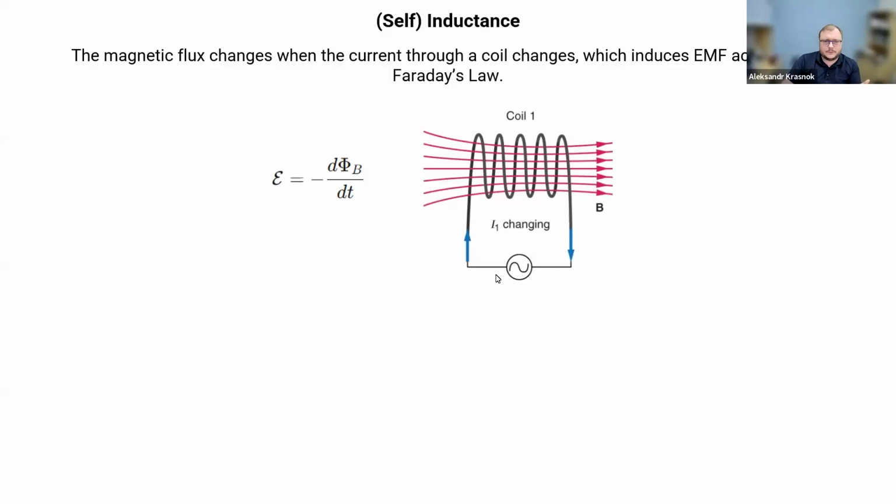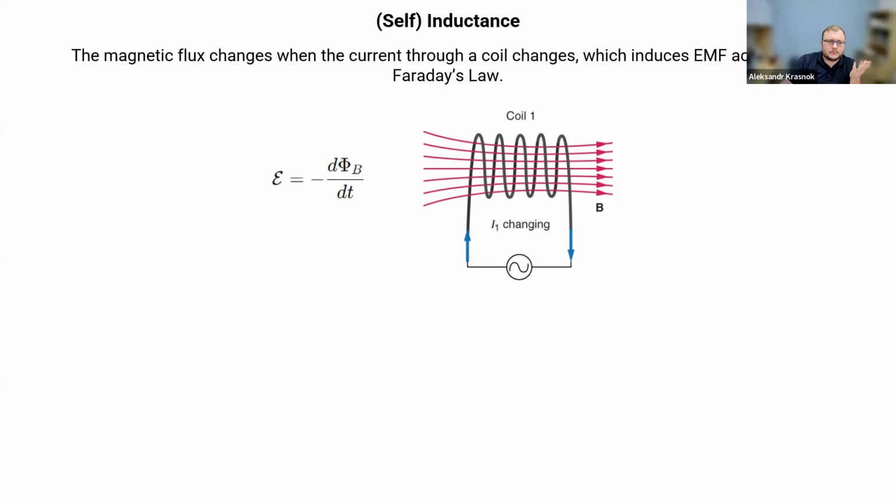Anytime the magnetic field changes in a coil, in a wire, it leads to the formation of an electromotive force, this voltage, this potential that creates the current in the opposite direction, trying to compensate for the change of the magnetic field that caused this effect.